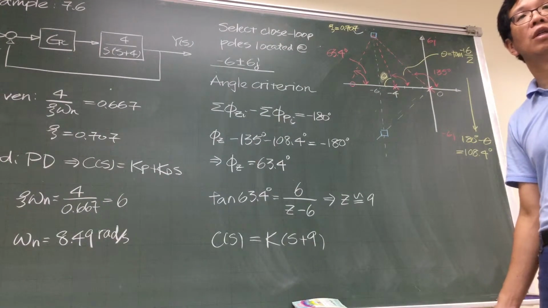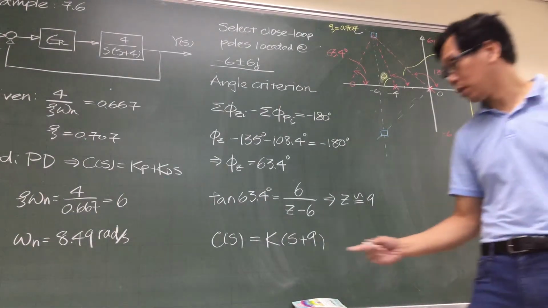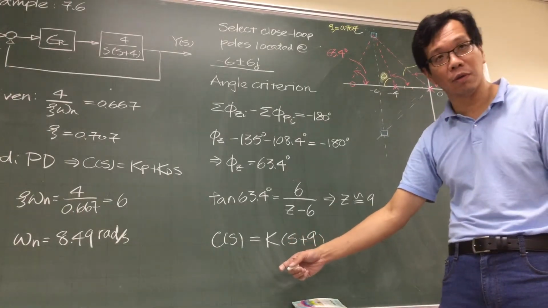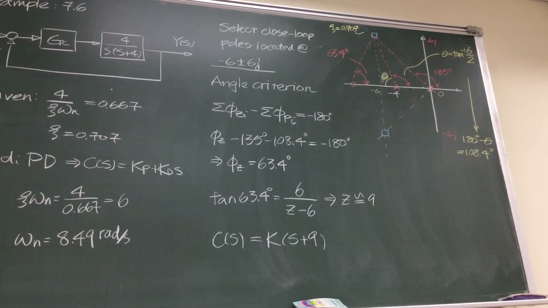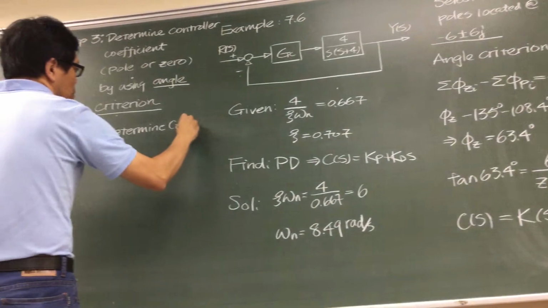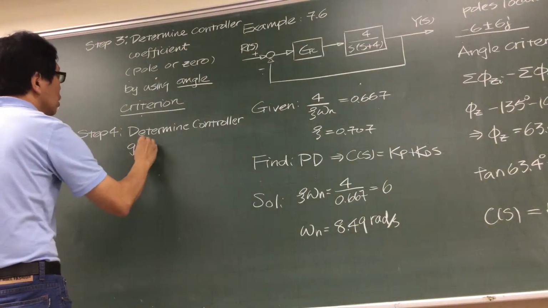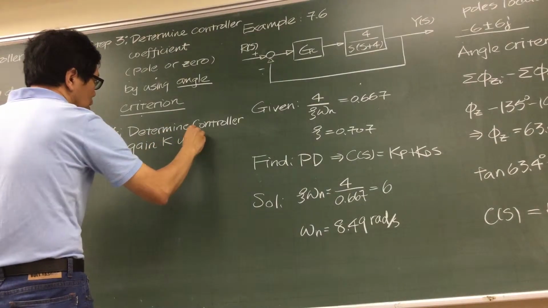So far, any question? What is the next thing we need to do? The next thing, in order to determine K, is to determine the controller and K using what?